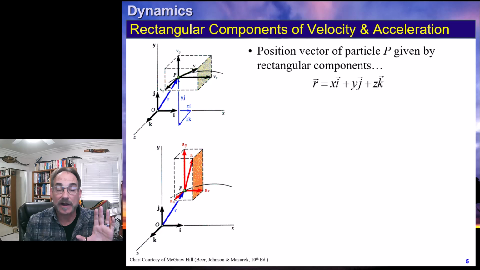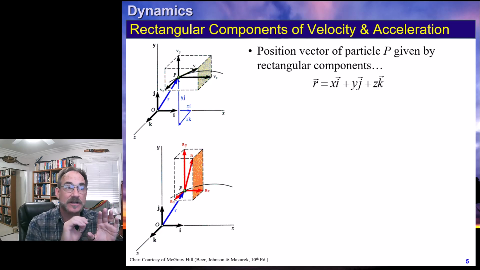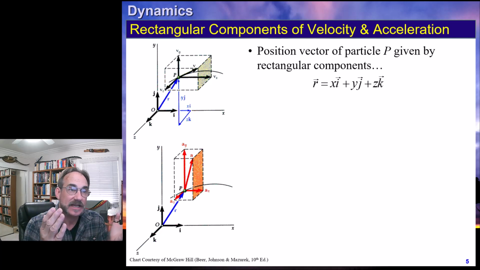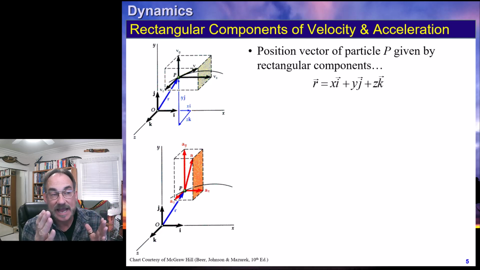I is your unit vector in the x direction. So the magnitude of x from the origin times i gives us that value as a vector, plus y times j, and z times k. So xi plus yj plus zk is a three-dimensional vector that gives us the position.